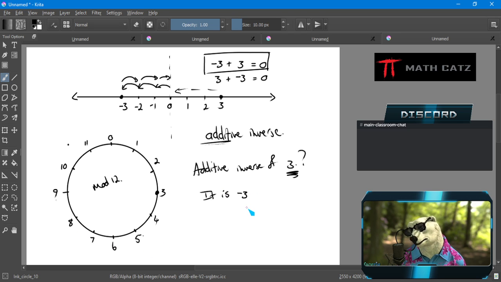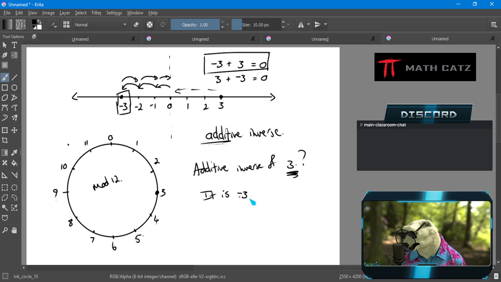I need the equivalent representative on the circle. -3 isn't one of the labels on my circle. It's not wrong. It had a label right there on the number line. It was a unique position, had a unique label, but not on the circle. So that's not really a sufficient answer.